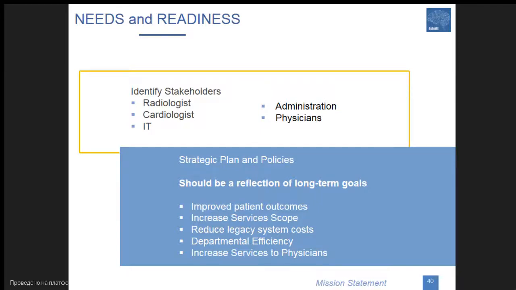The strategic plan should reflect your long-term goals. So with new PACS, you would like to improve patient outcomes, which is, of course, very difficult to calculate.